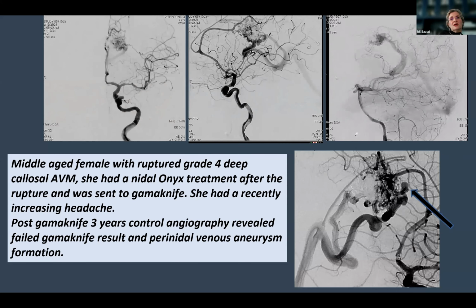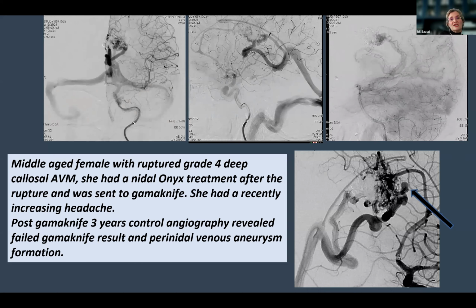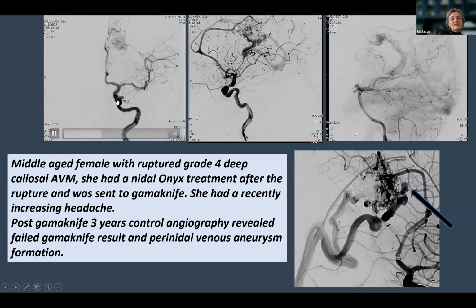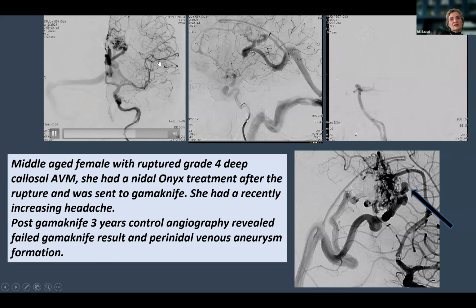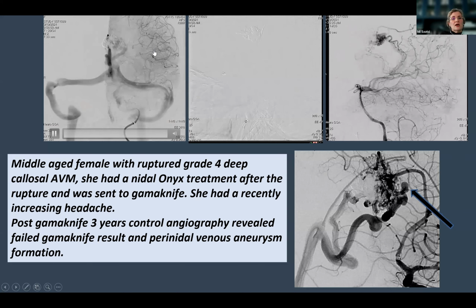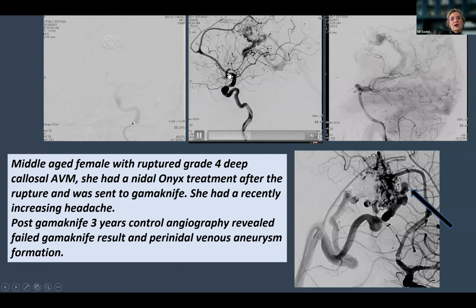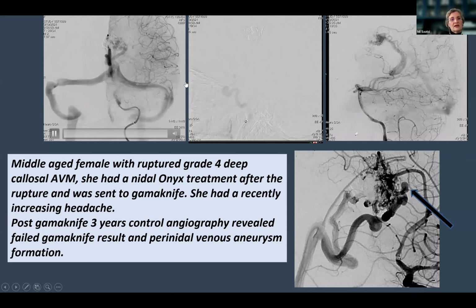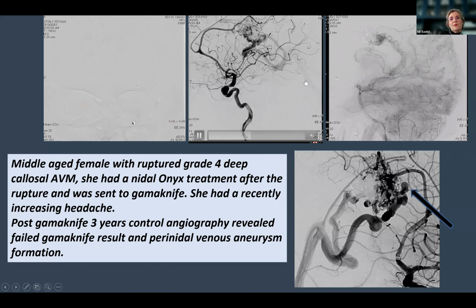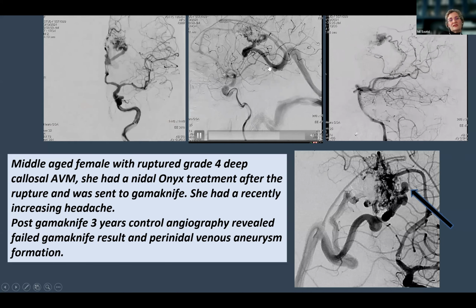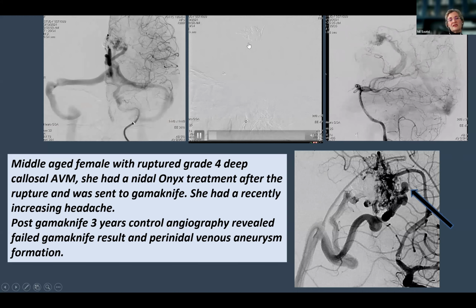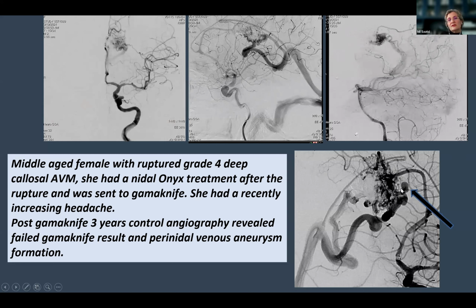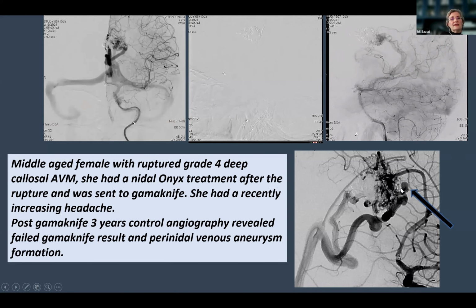Another patient, this was one of our ex-fellows' cases. He called us and we treated this patient in his center, grade 4. They did embolization and then gamma knife, but this grade 4 stayed still filling, and there is an aneurysm as well on the venous side.